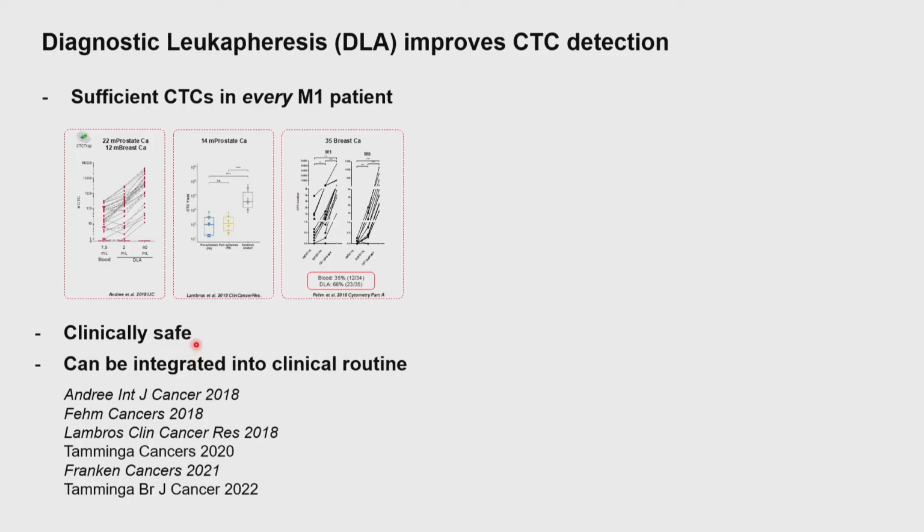This has then been validated by cooperation partners independently, or working together with them, in breast cancer, prostate cancer, and other cancer types, lung cancer. And what we can say now is that there should be sufficient CTCs in every metastatic cancer patient. It is a clinically safe method and should be integratable into the clinical routine. At least the teams that did it so far were successful.